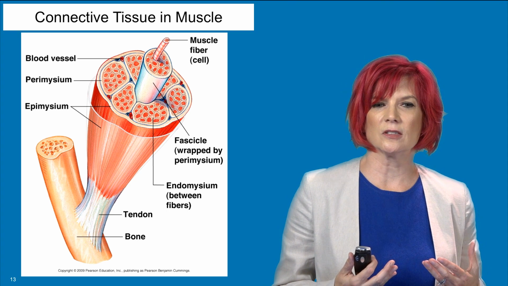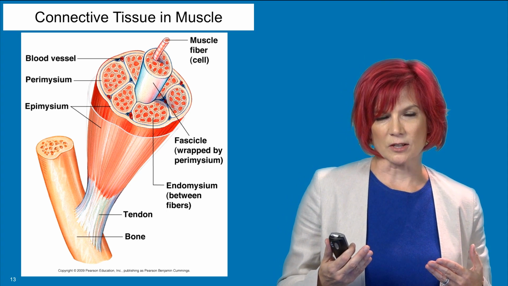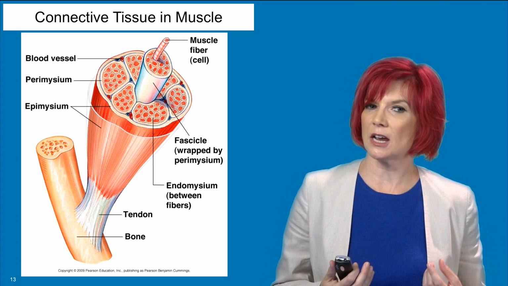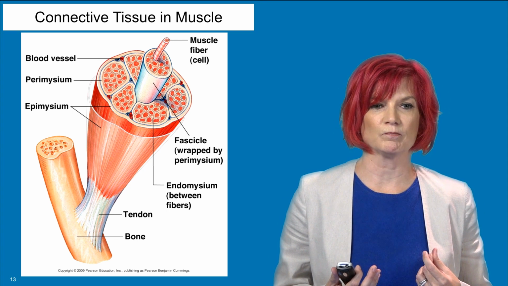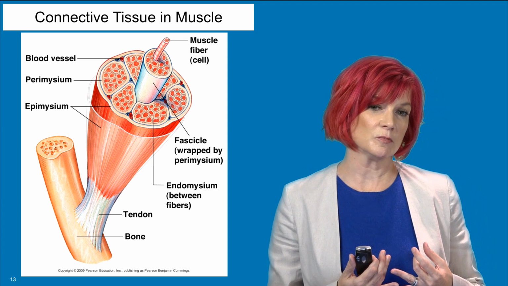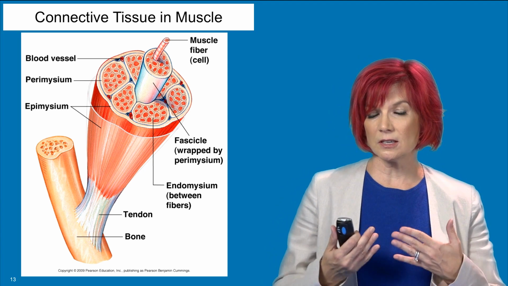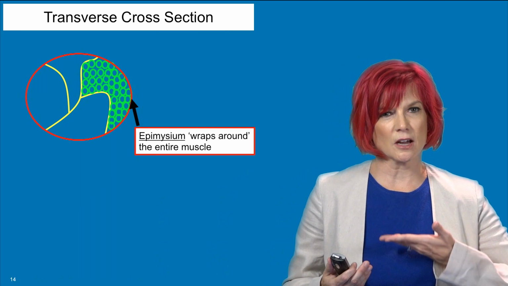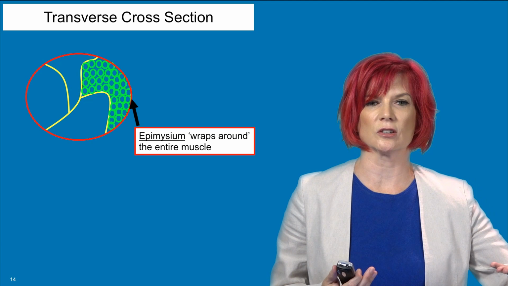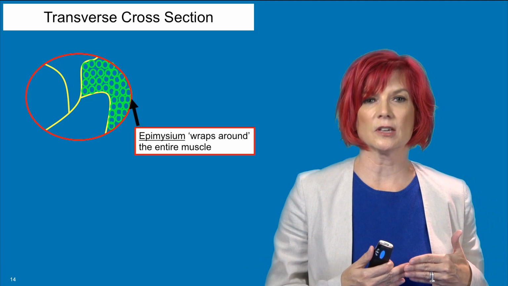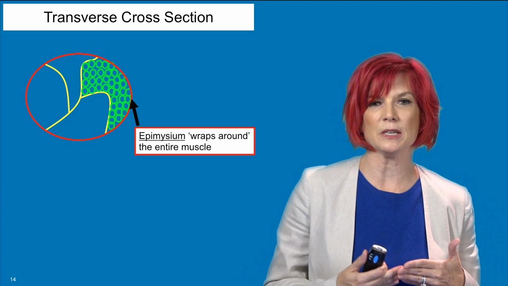So I hope that you can see in this diagram that the skeletal muscle is connected to the tendon, and that outer layer of connective tissue is called the epimysium. There are other layers of connective tissue, including the perimysium and the endomysium, okay? And we're going to see those, I think it's a little more clear on the next diagram. So if we were to take a transverse cross-section of skeletal muscle, we'll see that that outermost layer of connective tissue is called the epimysium.